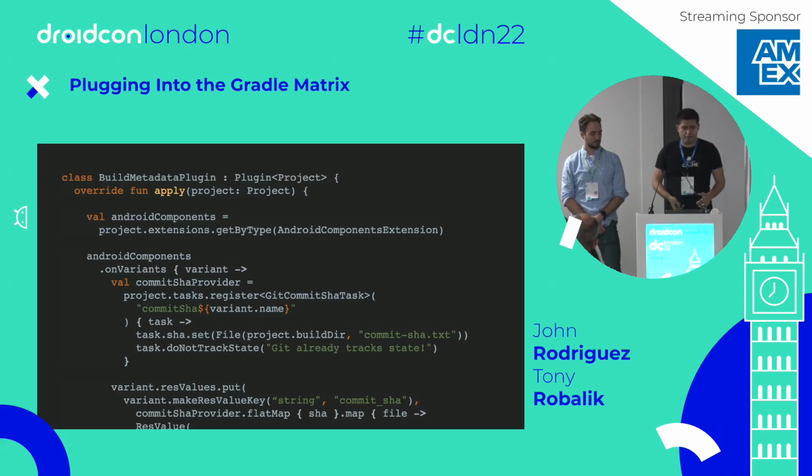And so there were many attempts to do this, and we had the same problem. We were literally running Git commands all the time. And so the way that we fixed that is, first, AGP now has a way to provide providers, both for build configs and for dynamic resource values. We did realize, however, we did not want to put it in build config because we wanted to optimize for dexing.